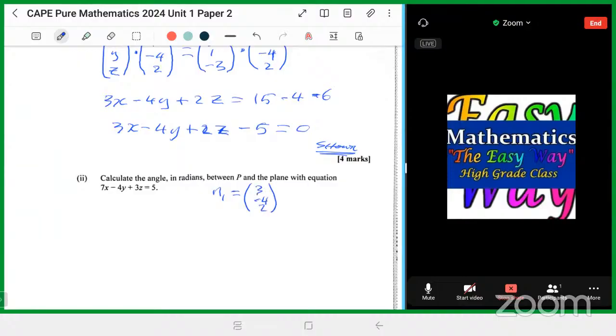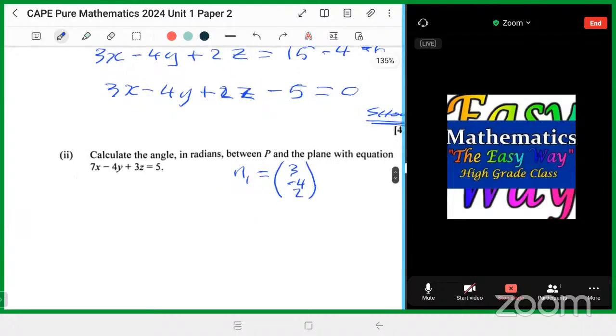The normal on this plane, let's call it n2, will have these values: 7, negative 4, 3. That's how we can pull the normal from the Cartesian form.